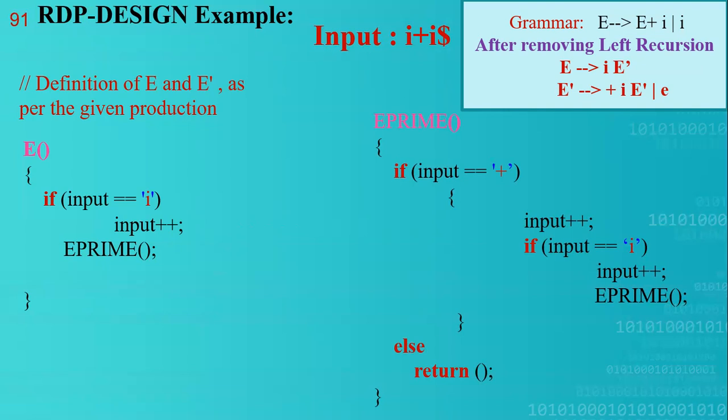If a match occurs, then the input pointer will be incremented. Next it will be pointing to the second symbol, that is I. Again the input pointer will check whether it is I. If a match occurs, then the pointer will be moved to the next location.